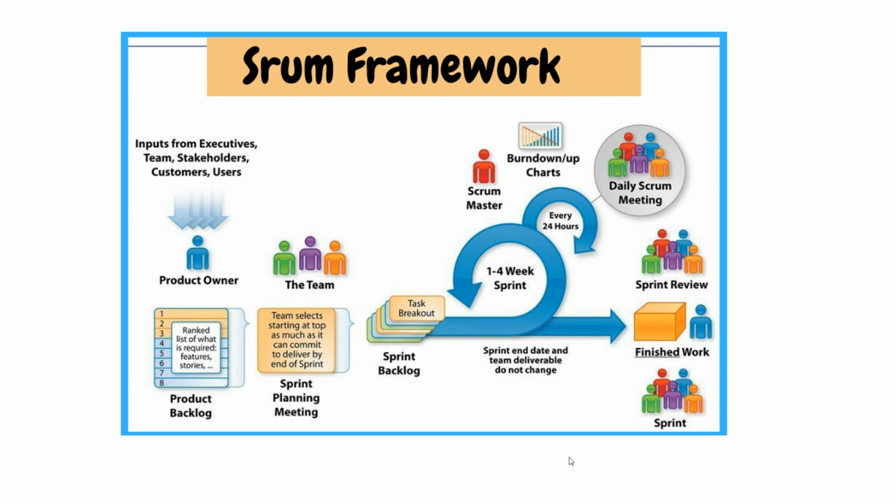So, once again, we'll get into more of these details as we go through the slides. Here's an overview of the Scrum framework. And we talked about the product backlog, the ranking of what is required, features, enhancements, bug fixes that are made up of user stories. Then we go in and the team will decide on what is going to make it into that first sprint. We'll go through an exercise to do that today through these lectures.